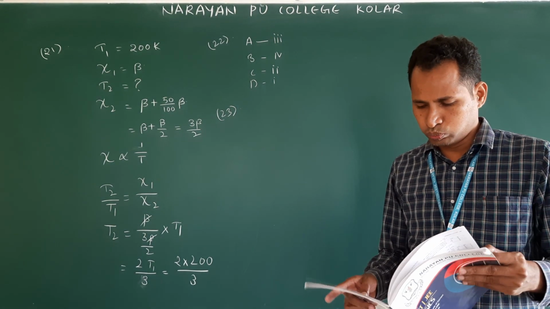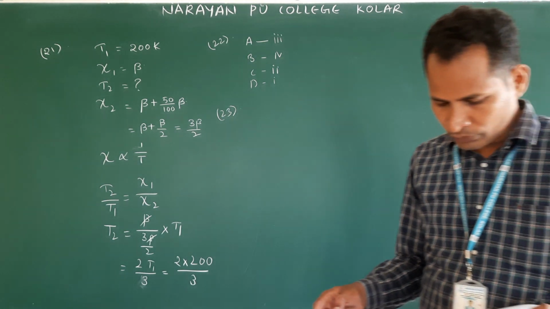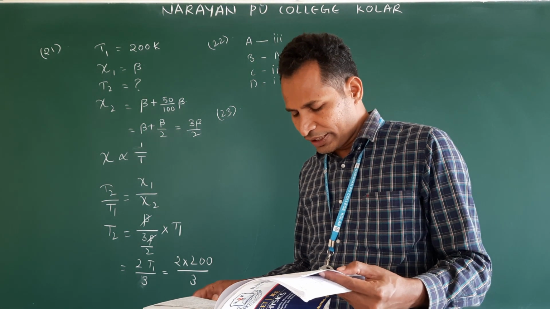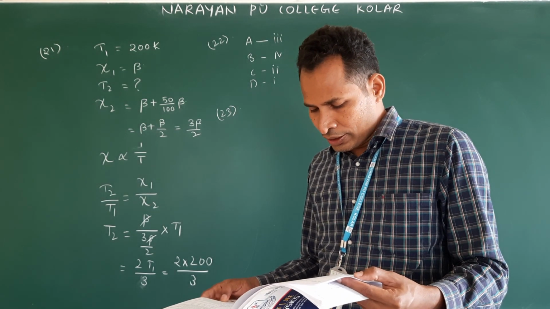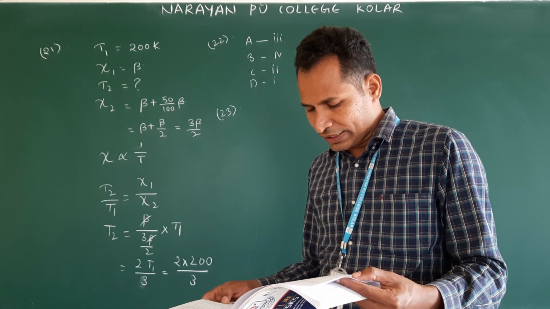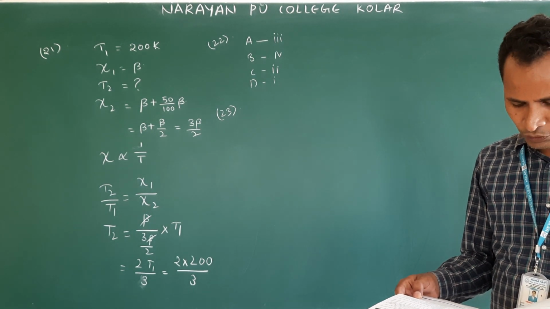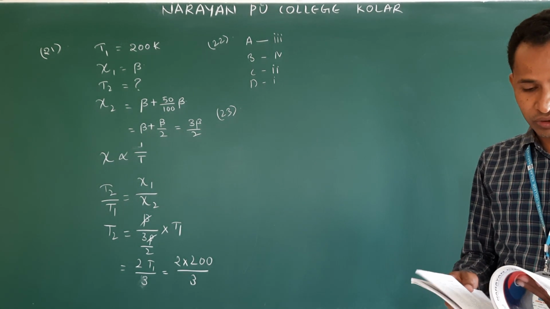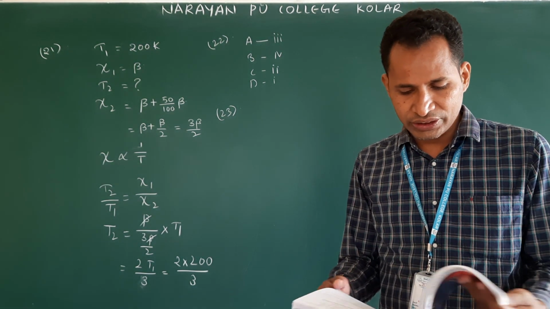Come to page number 71. Electromagnets are made up of soft iron because soft iron has, what is that? High retentivity and high coercivity. Clear? Soft iron, we need to think about this. I think low coercivity is there. Let me check this in the office.